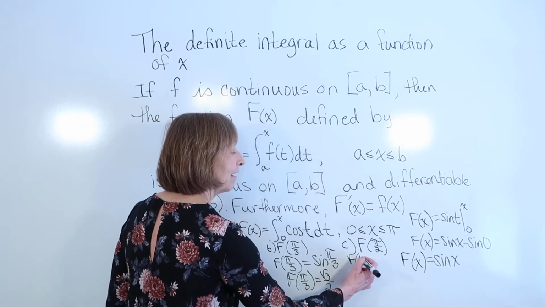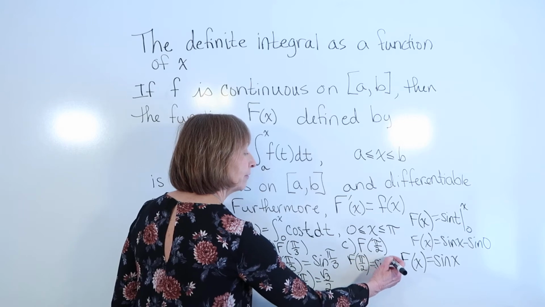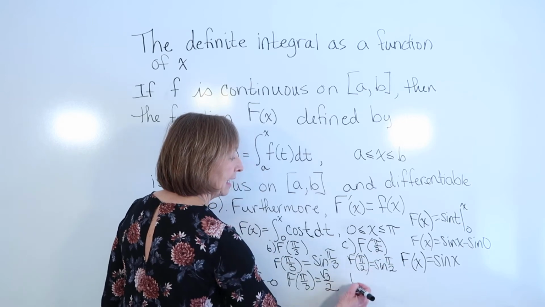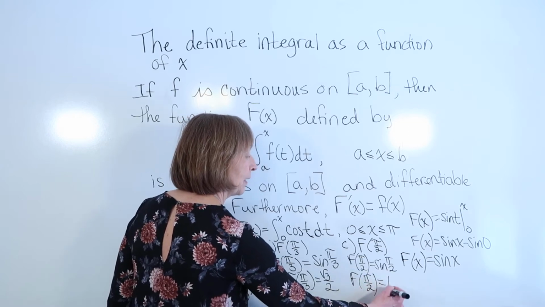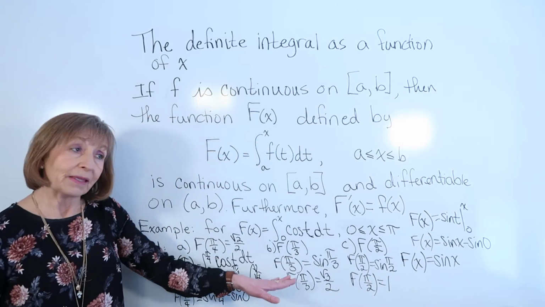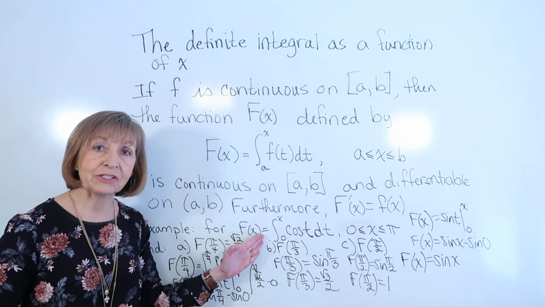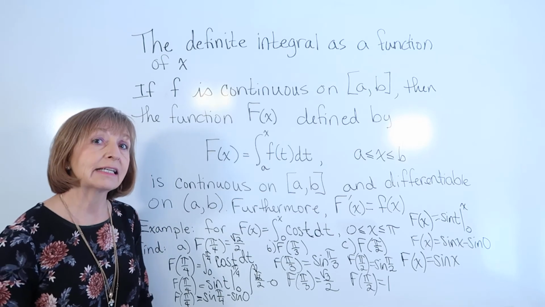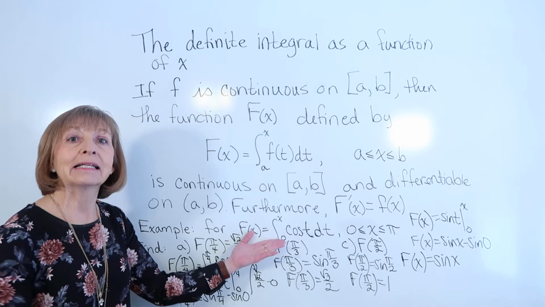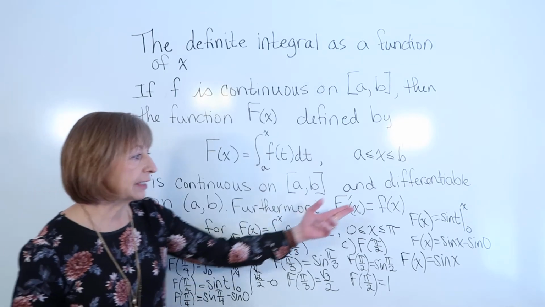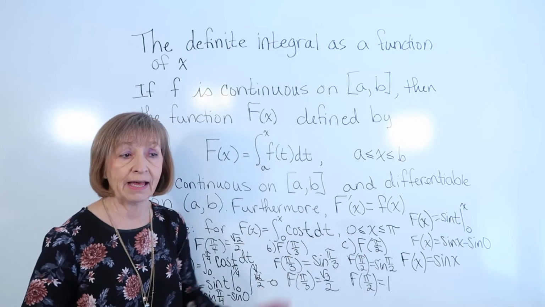And then my capital F of pi over 2 is equal to the sine of pi over 2. And the sine of pi over 2 is 1. So working through what this definition of my capital F of x is equal to and getting its equation actually aided in being able to evaluate it at different input values more easily.